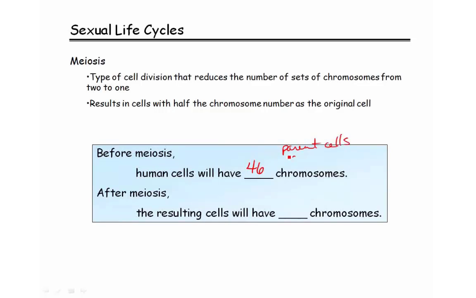These are cells that will be somatic, and they're also located in either the ovaries or the testes. After meiosis, the resulting daughter cells are going to have 23 chromosomes each. These will be the egg and the sperm cells. We want to make sure that we understand that the egg and the sperm cells are the resulting cells of this process. They're most definitely not the cells that are undergoing the cell division.